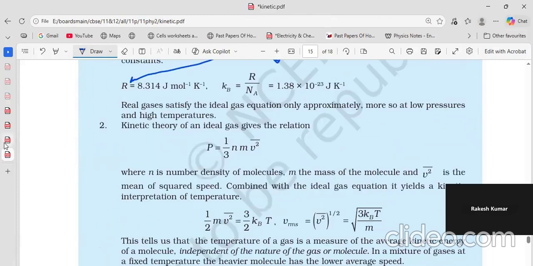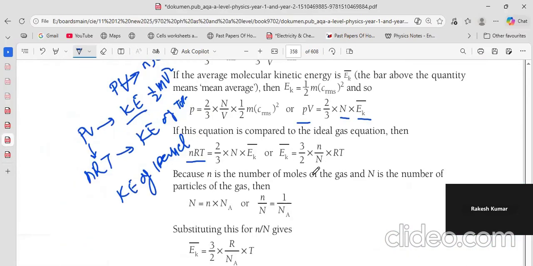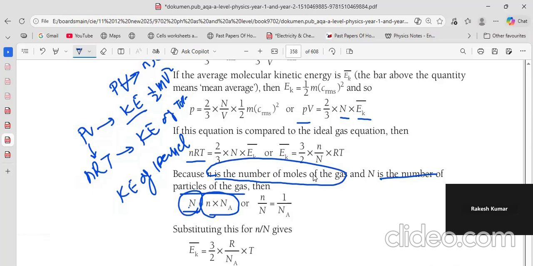Now, if you notice here, he says N is the number of particles and n is the number of moles. Number of moles into Avogadro number is N. So be clear that whenever capital N comes, it is just the number of particles.